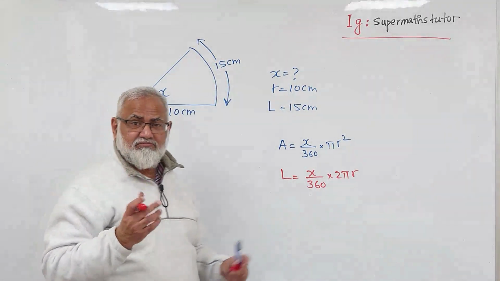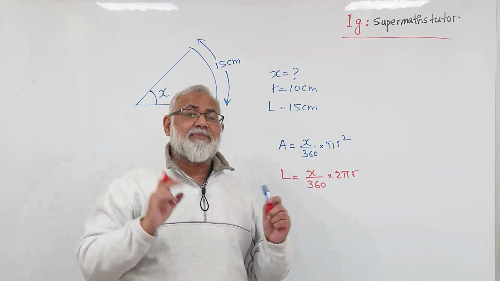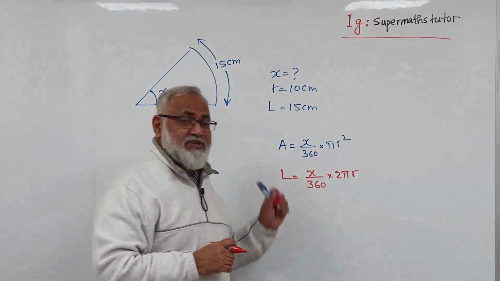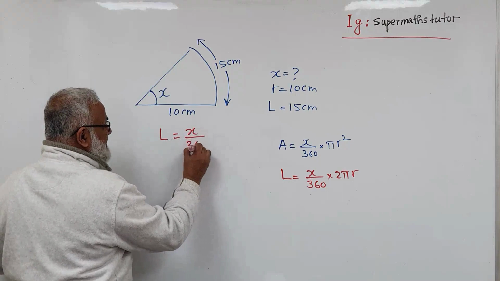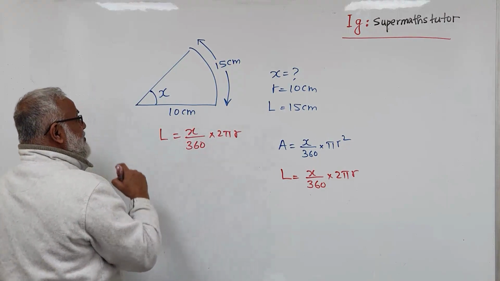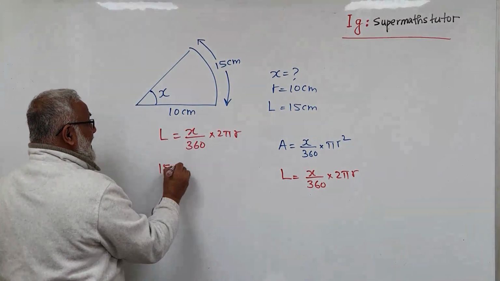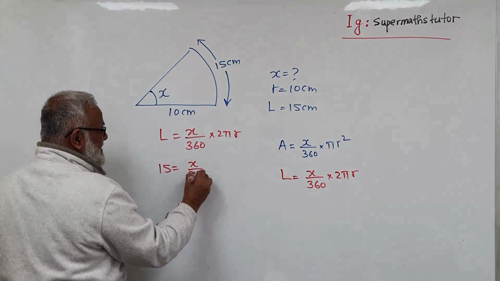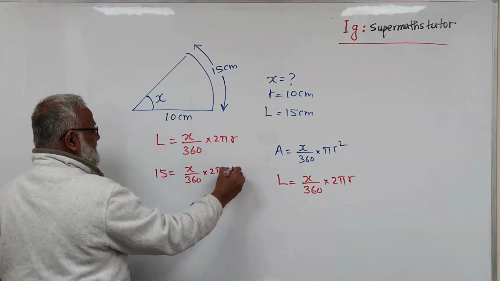So what will it do? Nothing, simply the keyword, the magic word, yes, substitution. We are going to do substitute. So let's do it. L equals x divided by 360 times 2 pi r. Alright, so L is how much? 15. x divided by 360 times 2 pi times radius, which is 10.